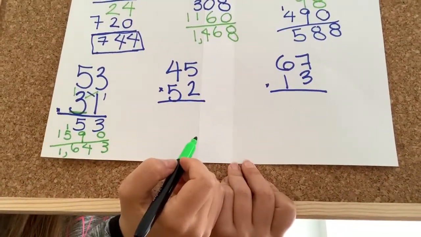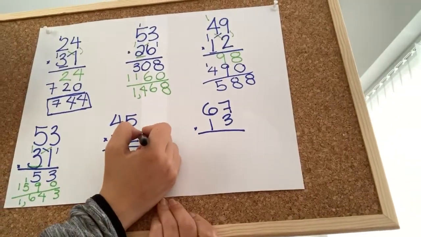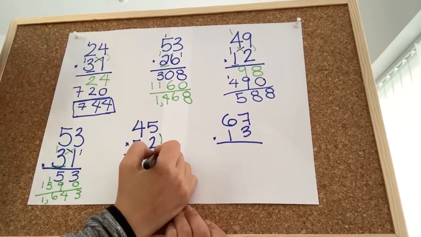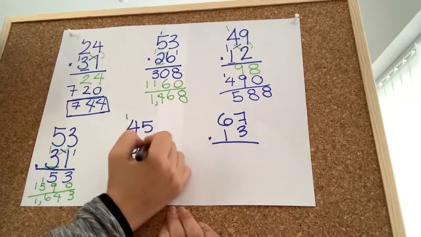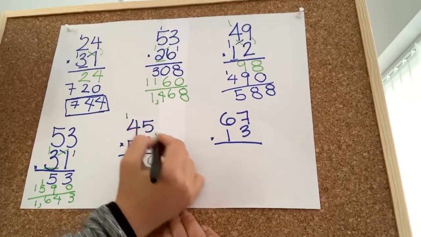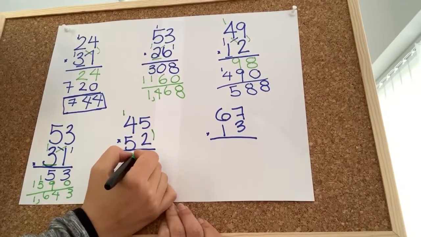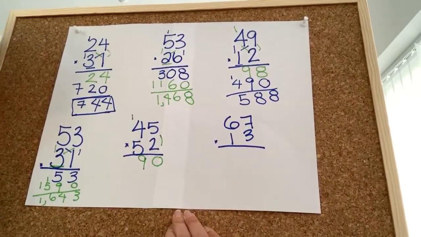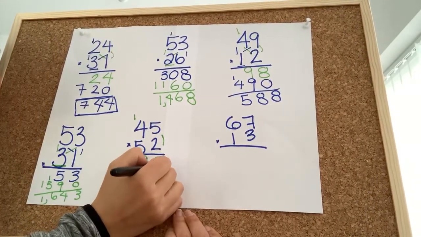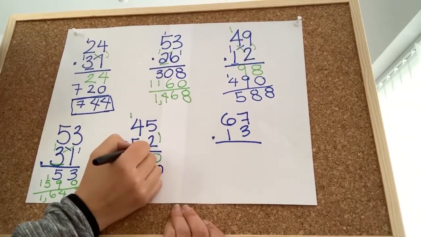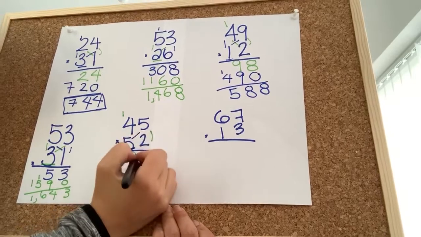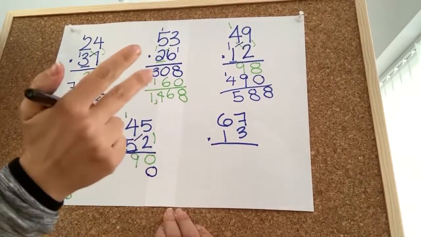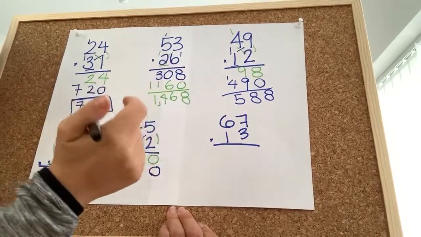45 times 52. We go up. 5 times 2 is 10. 2 times 4 is 8. Plus the 1 is 9. So we're going to put our 0. Because we've got to start from this side now. 5 times 5 is 5, 10, 15, 20, 25.